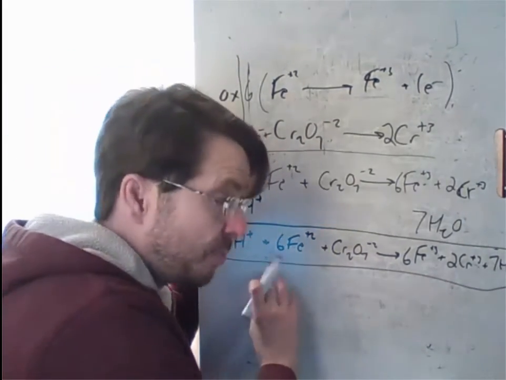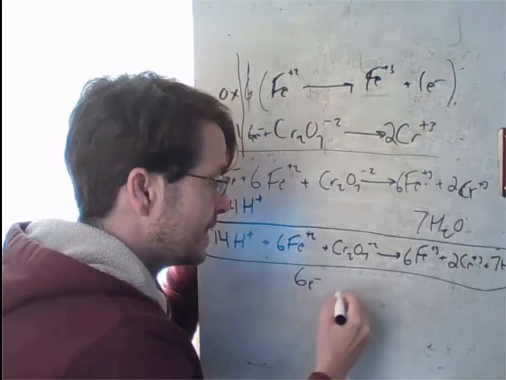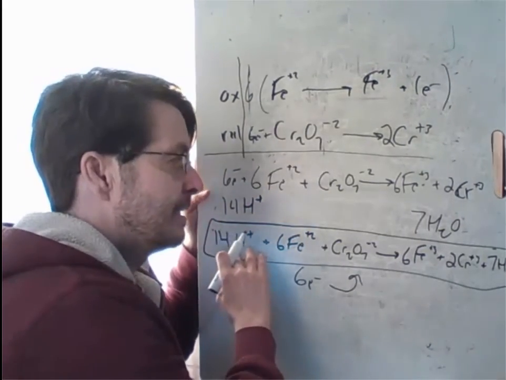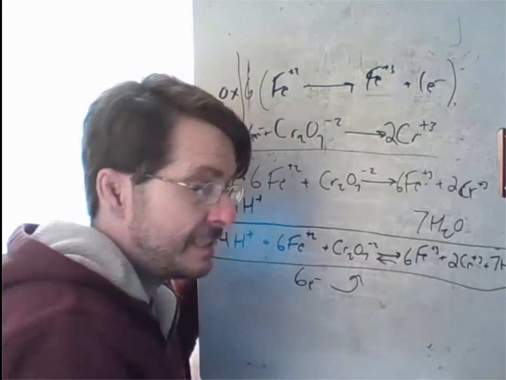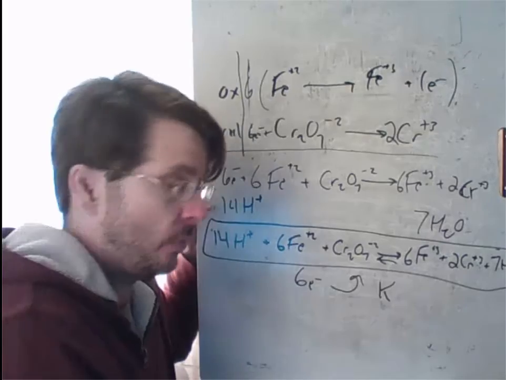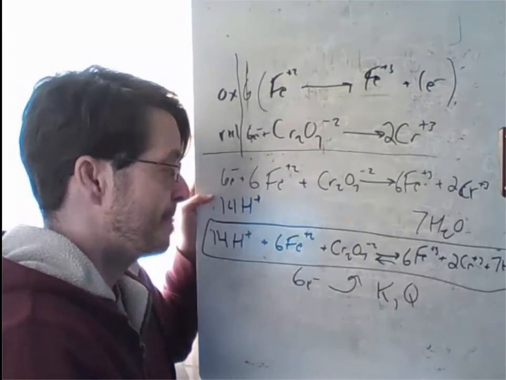This is important for two reasons. We know that it's a 6-electron process, and this reaction has concentration relationships in the form of an equilibrium. So we could write an equilibrium constant statement for it, or a Q for it. Very important.